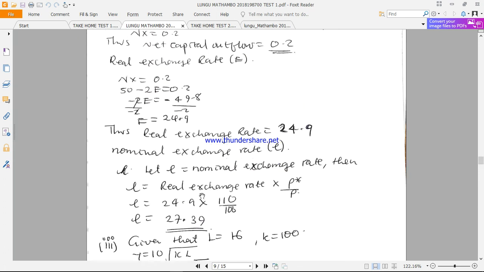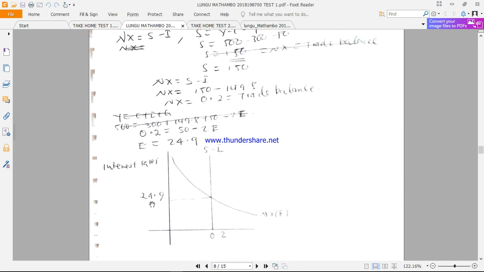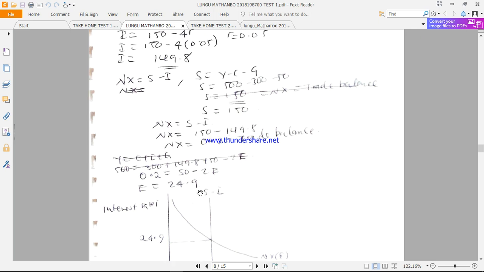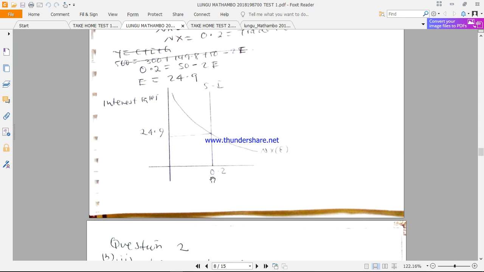Initially, I think it was 24.9 or something like that. Because of that reduction in labor force, our output has reduced, and we are going to have this impact of an increase in the rate of exchange.